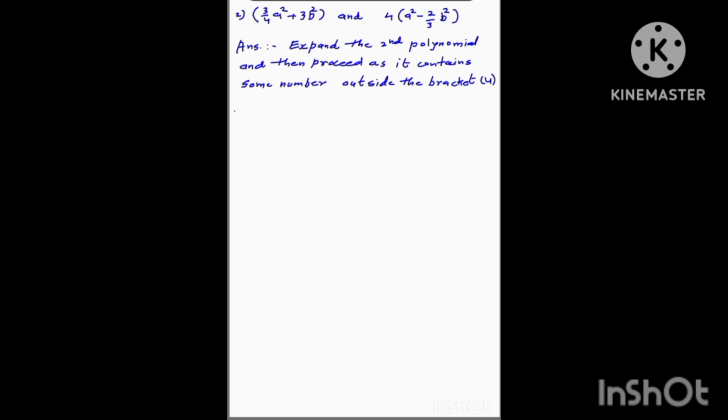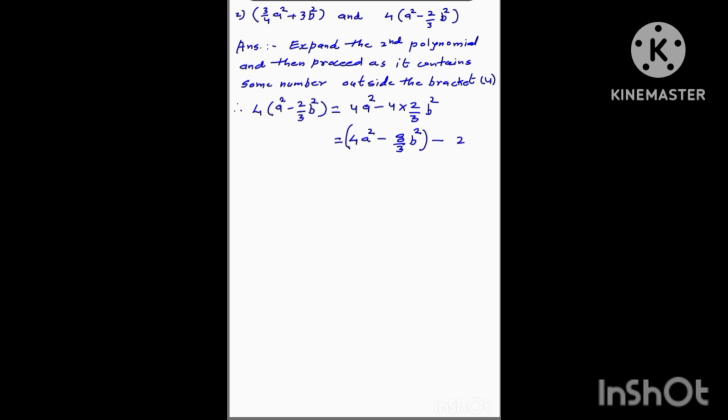So we copy it as it is: 4 into a square minus 2 upon 3 b square. Carry out the multiplication: 4a square minus 4 into 2 upon 3 b square, and complete it: 4a square minus 8 upon 3 b square. So complete this bracket.